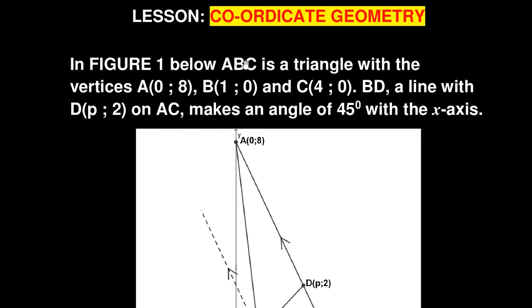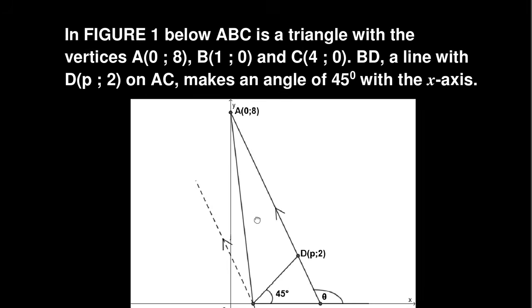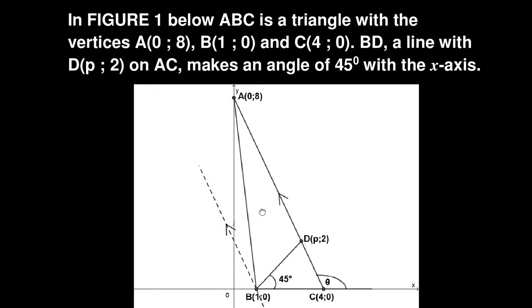It says in figure 1 below, ABC is a triangle with vertices A (0, 8), B (1, 0), and C (4, 0). BD, a line with D (P, 2) on AC, makes an angle of 45 degrees with the x-axis. Now let us look at the diagram here.